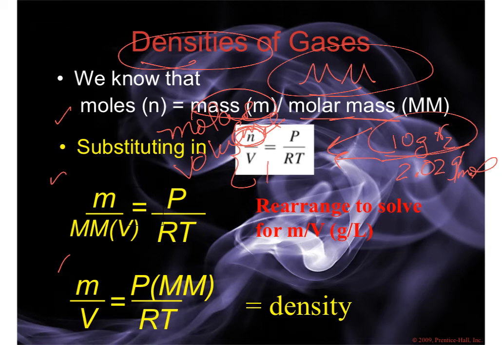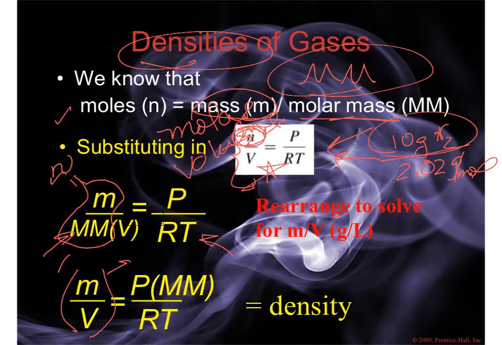So I'm going to take this equation and, instead of n, I'm going to take n out and substitute in mass divided by molar mass. Okay, so I just substituted for n. Now we have molar mass incorporated in the formula for the ideal gas law, so we can actually figure out the molar mass of a gas if we have all the other variables. So let's rearrange this equation first to solve for density.